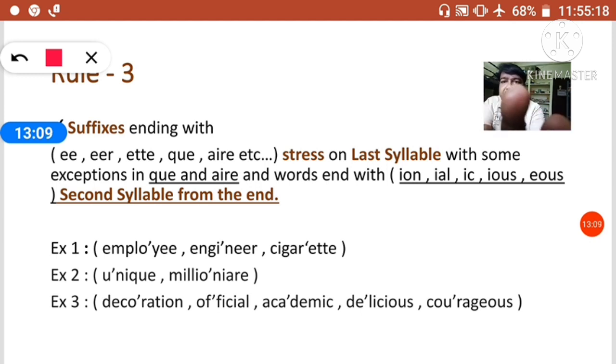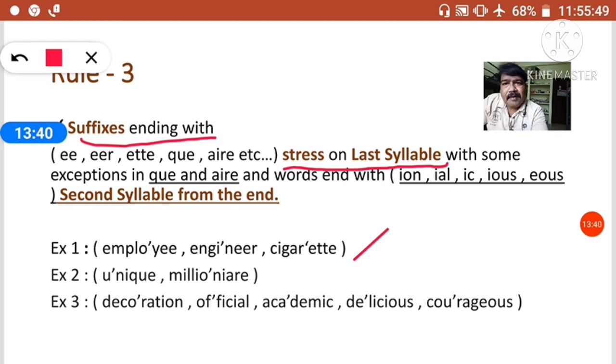Where can we keep the stress mark? On the last syllable. Now let us see the first example from EE, EER and ETTE.